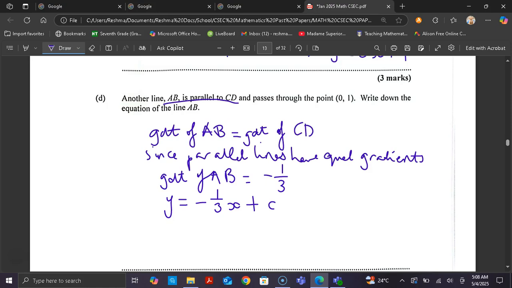They told you the point that lies on the line AB, which is (0, 1). And this actually gives us the y-intercept, because that tells us that c is equal to 1, because the y-intercept is the value where x is 0. So if the x-coordinate of this point is 0, it means that 1 is the y-intercept. So therefore, the equation of the line AB is y is equal to -1/3 x plus 1.